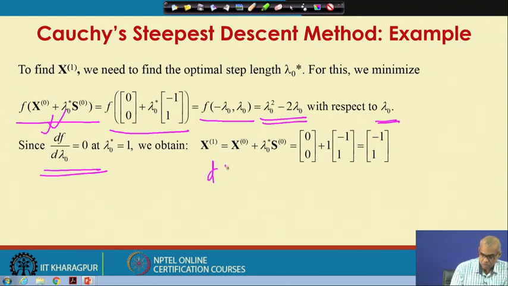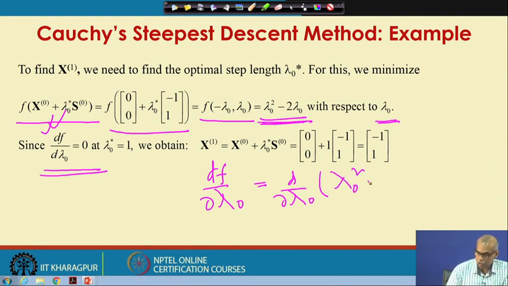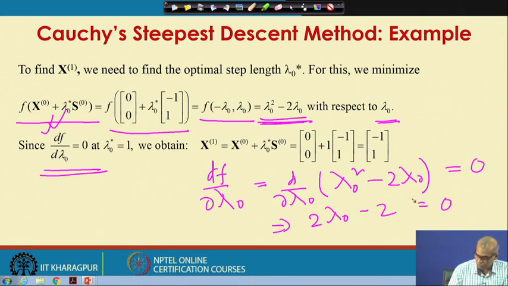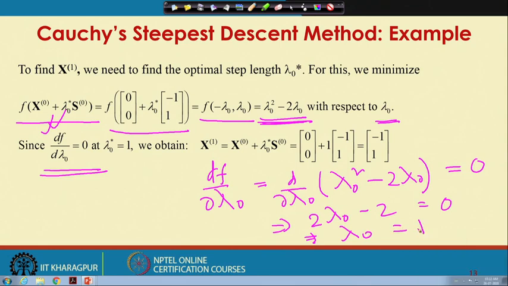So, df d lambda 0, where f is lambda 0 square minus 2 lambda 0, will be equal to 0. This gives you 2 lambda 0 minus 2 equal to 0, which gives lambda 0 equal to 1.